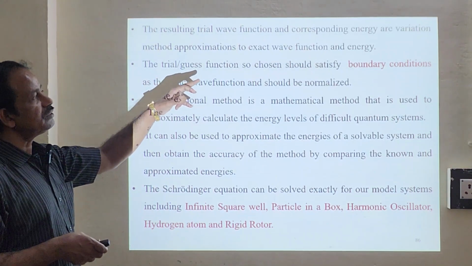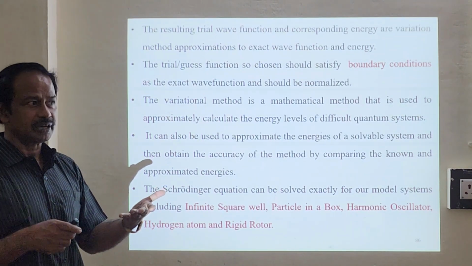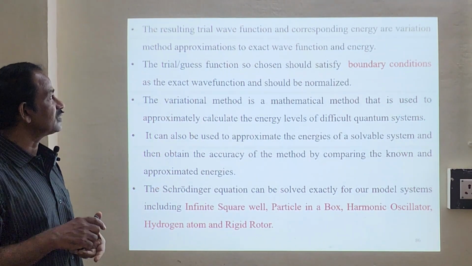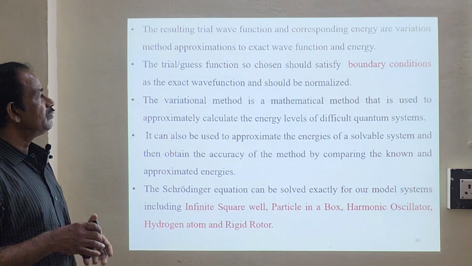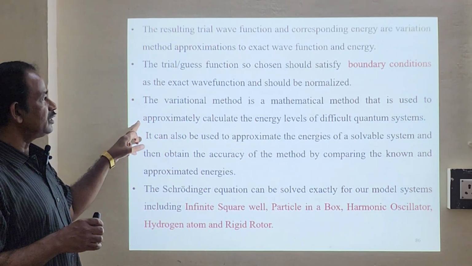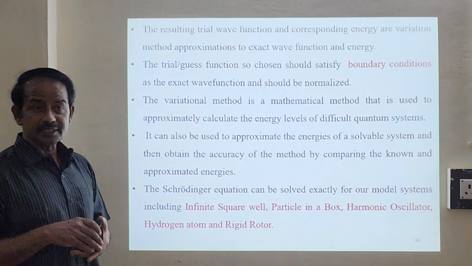The trial wave function that we have chosen should satisfy boundary conditions and some physical properties that it has to accept. So the exact wave function should be normalized. The variation method is a mathematical method that is used to approximately calculate the energy levels of difficult quantum systems.